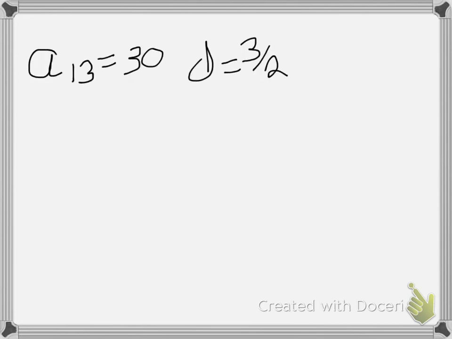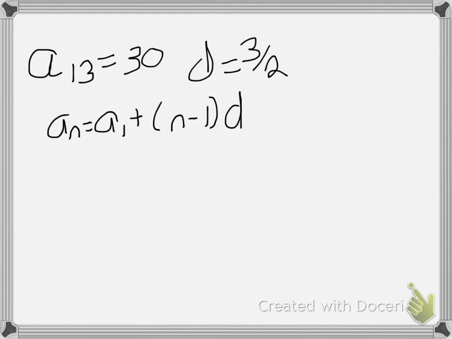Okay, let's get a little bit more complicated. This time I'm giving you a value of a sub 13 equals 30, and I'm telling you that the common difference is 3/2. Well, again, go right back to that equation. A sub n equals a1 plus n minus 1 times d, and fill in what you know.